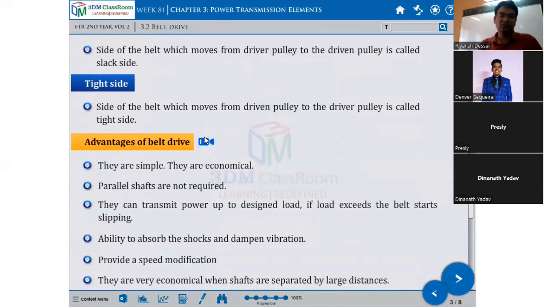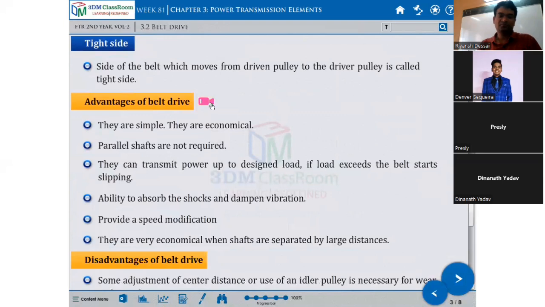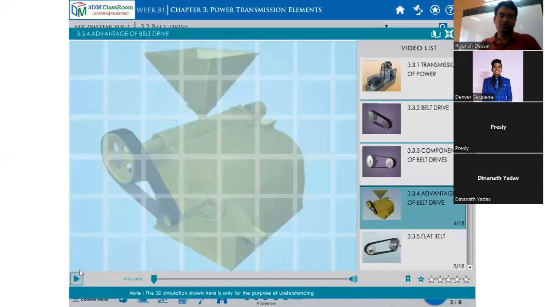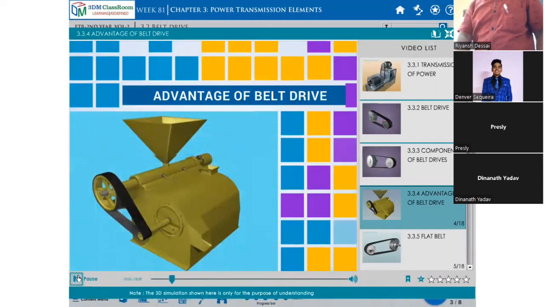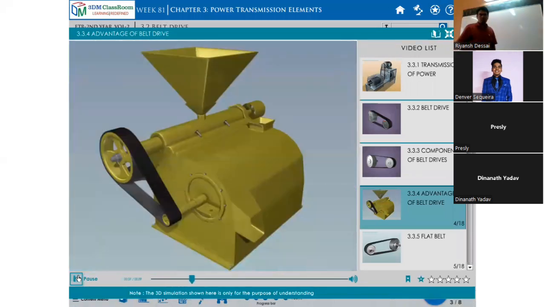The advantages of belt drive. What are the different advantages of belt drive? In this video, we will discuss the advantages of belt drive. It consists of a driver pulley, driven pulley, and flat belt.